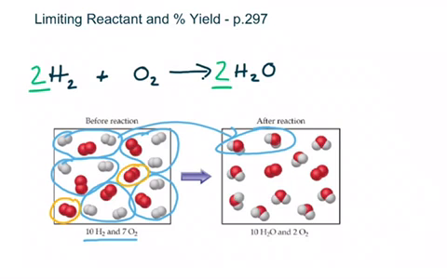And you can notice on the product side that now we have 10 molecules of water, but there are still those same 2 molecules of oxygen remaining. So what we find is that the substance that is not used up completely in a reaction, or the substance that we have left over, is known as the excess reactant. And that will be an important term to know.